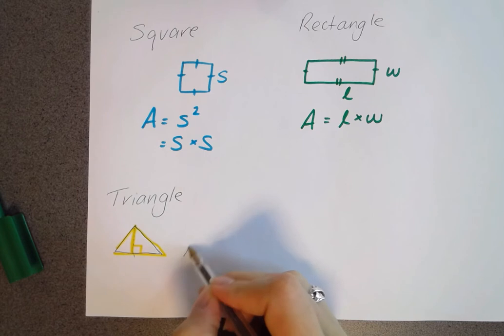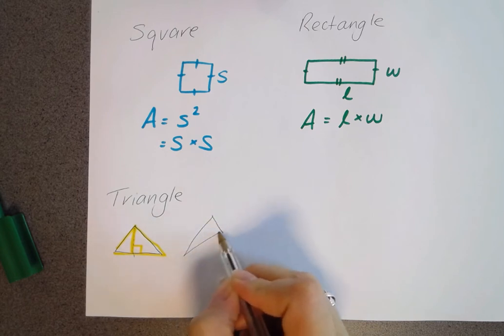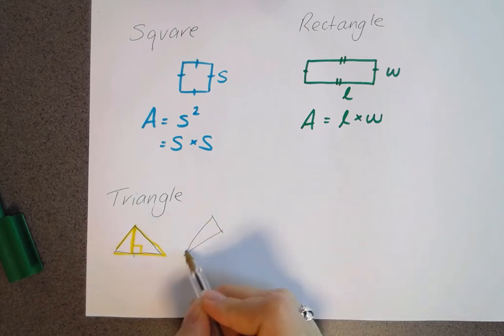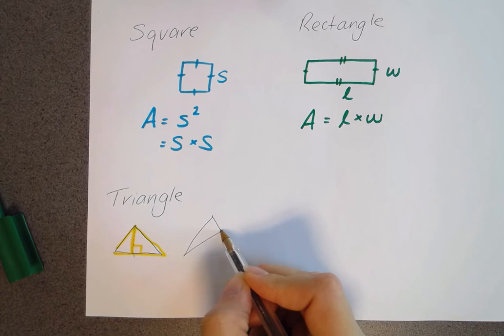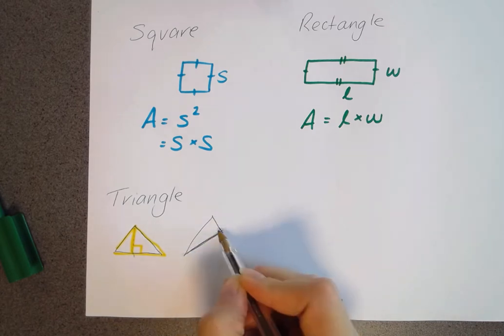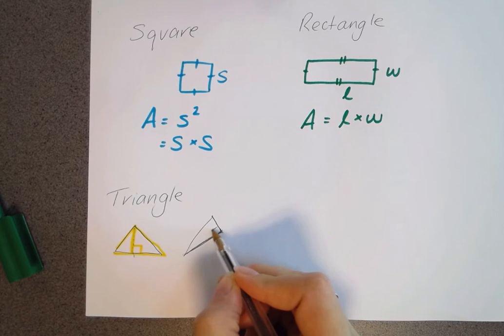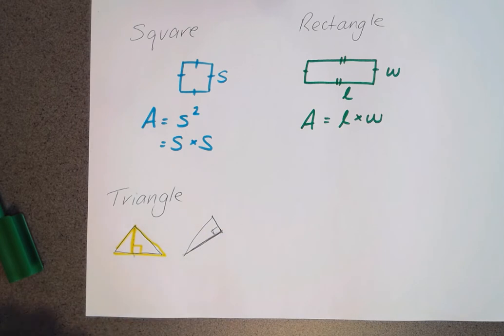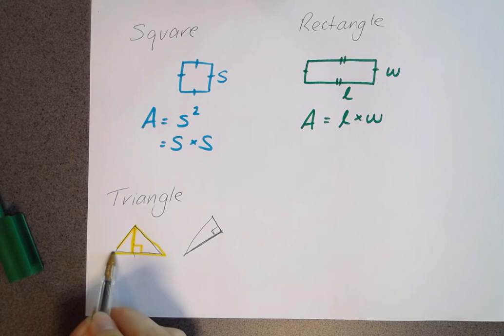So if I gave you a triangle that looked like that, that's not very helpful to find this height. We need to find the height from the base of the triangle. So in this case it would probably be about that, because that is a right angle. So you're going to see lots and lots of different types of triangles, and I want you to always remember it is from the base of the triangle.